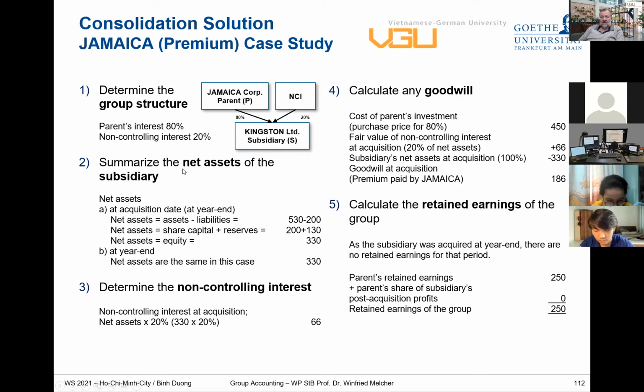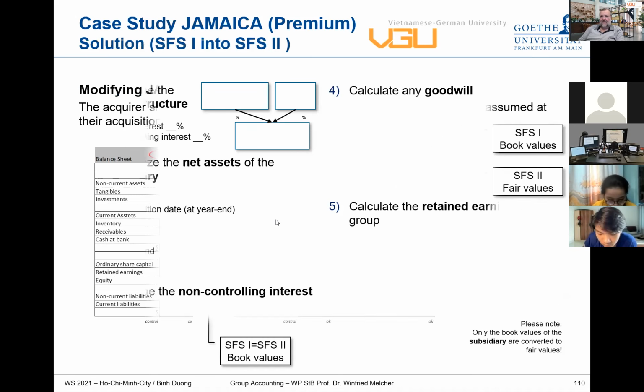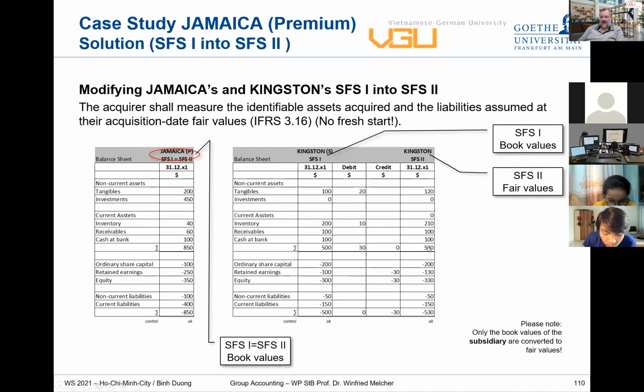Then we would go to the net assets of the subsidiary. There are 3 possible ways to calculate the net assets of that subsidiary. You can take all the assets and then deduct all the liabilities, but at fair value. So you should take the 530.